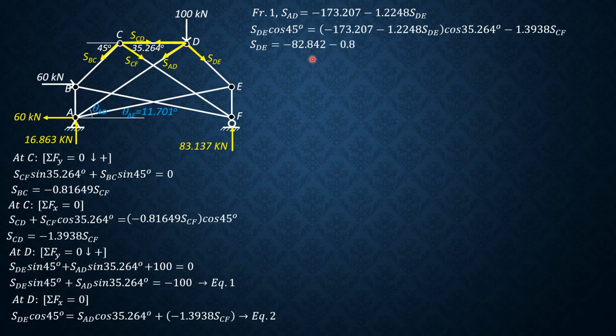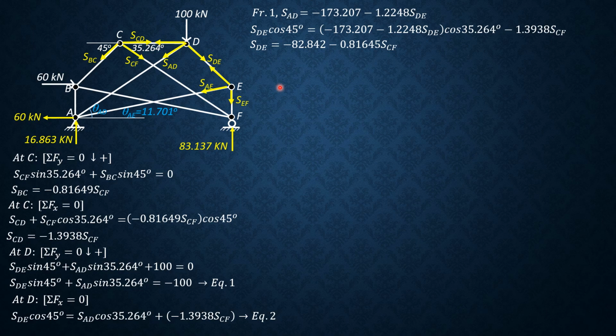So that would be negative 82.842. Then negative 1.3938 SCF divided by quantity cosine 45 plus 1.2248 cosine 35.264. That would be negative 0.81645 SCF. So that is SDE in terms of SCF. Then we proceed to joint E.